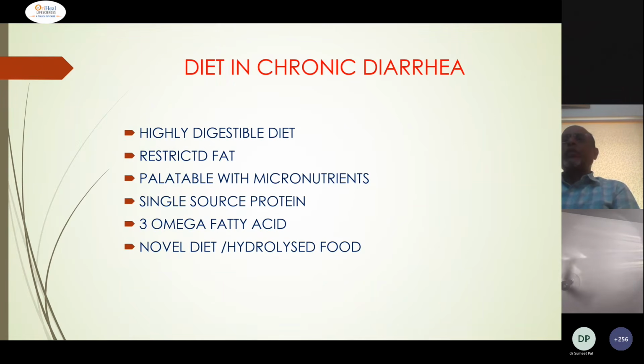And of course hydrolyzed food, because you might prescribe a novel diet, but there may not be owner compliance. So hydrolyzed food is made into smaller molecule size which the antigen doesn't recognize, so that you don't get adverse reactions. So hydrolyzed food can be given in chronic diarrheas.